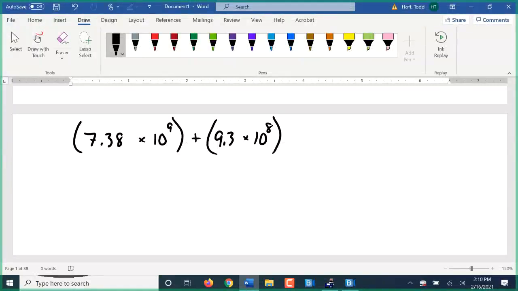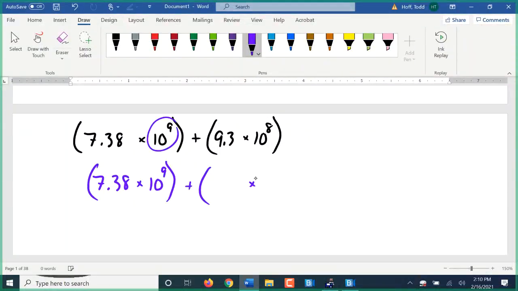If it's more than 3 or 4 apart, it's not worth combining the numbers because there's too big of a difference. But if they're only 1 or 2 different on our powers of 10s, we can adjust them to make it work. Typically, we go to the larger power of 10, which is going to be the 10 to the 9th. So this is going to stay 7.38 times 10 to the 9th.